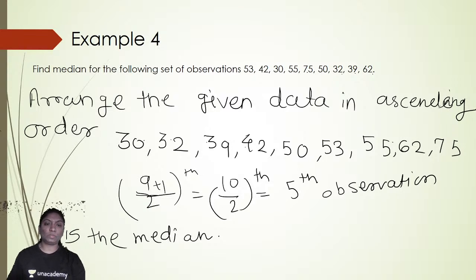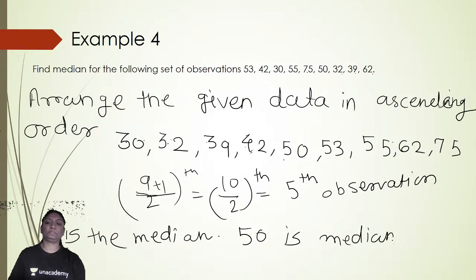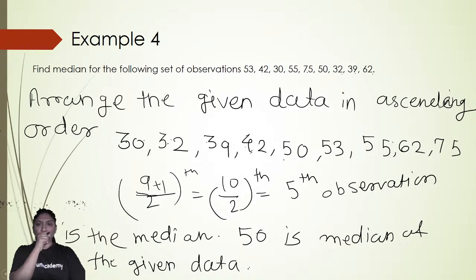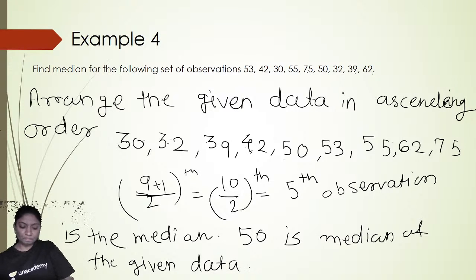Okay. So fifth observation क्या है हमारा 1, 2, 3, 4, 5. So 50 is the median of the given data. Okay.